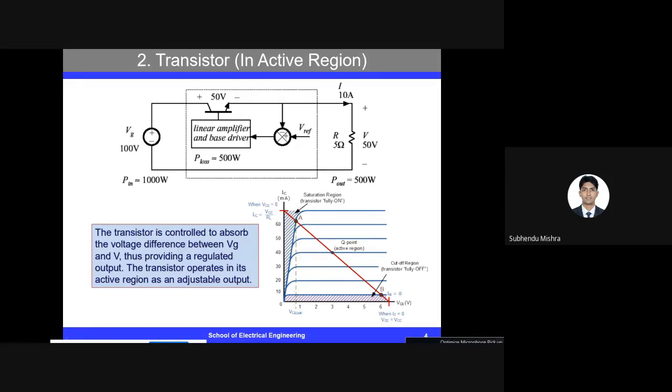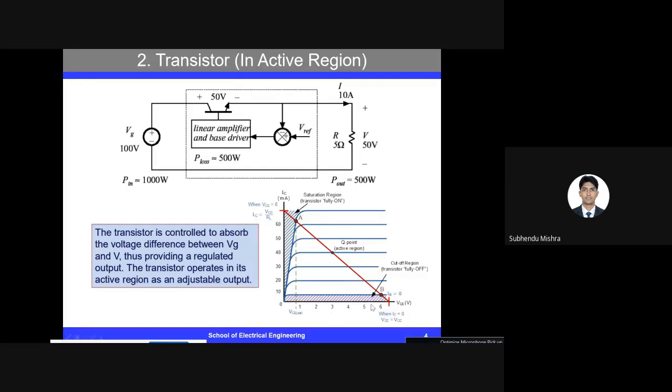The active region is the region where you have a constant IC. Irrespective of changing the value of the collector emitter voltage, that does not change the value of the collector current. So that is the active region.